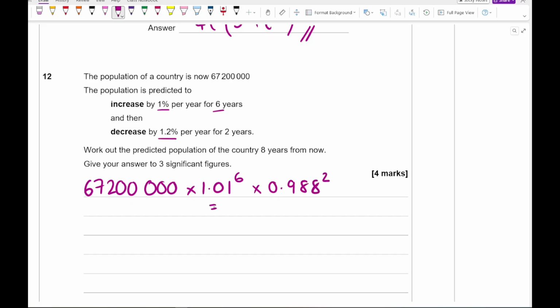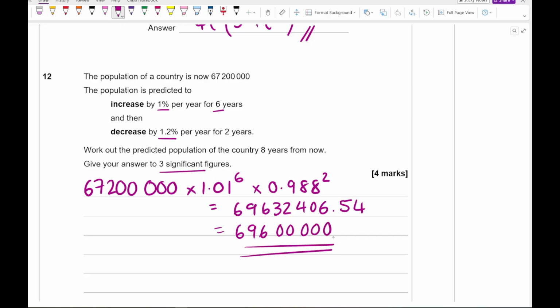And if I type that all into my calculator, then I get an answer of 693,632,406.54. And then what we need to do is just round this number to 3 significant figures. So that's going to be 696, and then 1, 2, 3, 4, 5 zeros, and there is my final answer.